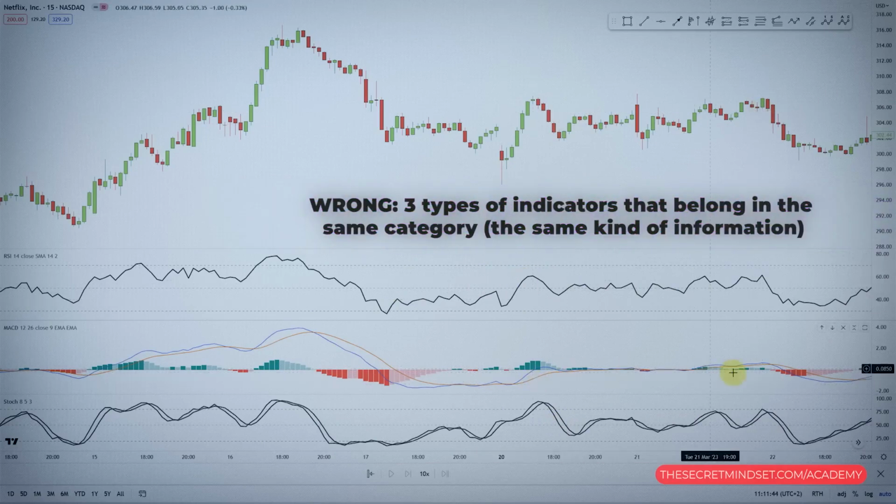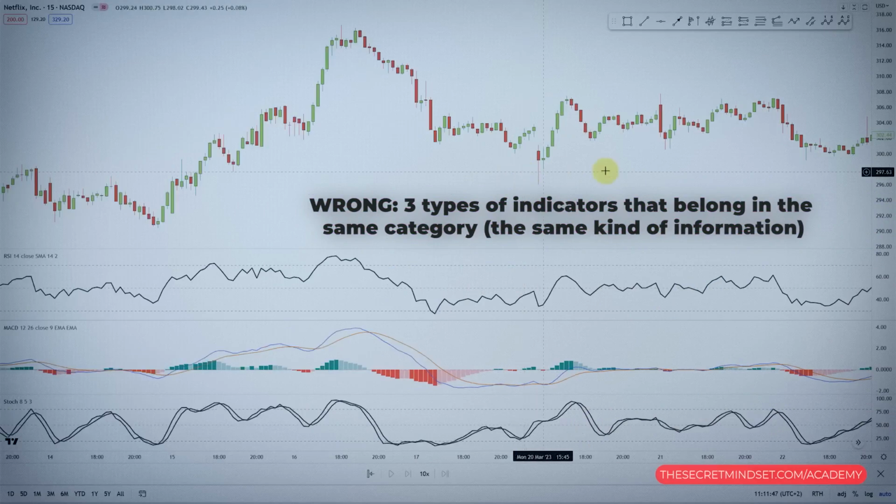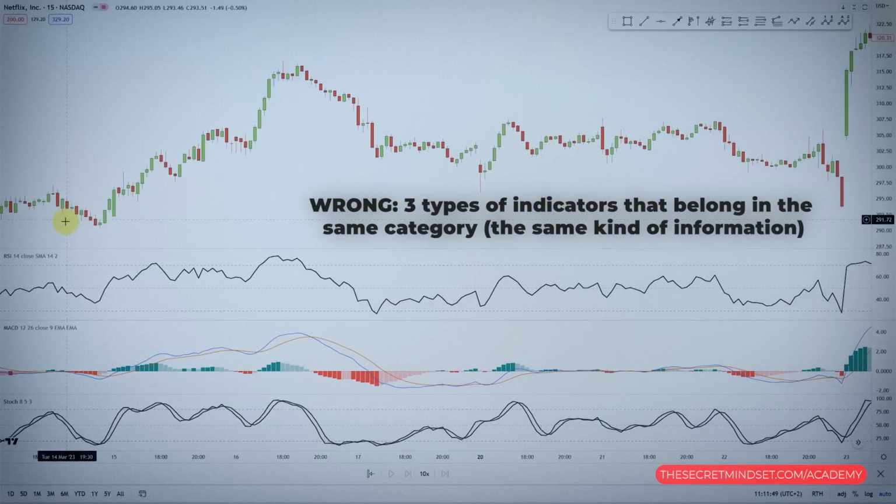So if you trade with a multi-indicator strategy that uses the RSI, the MACD, and the stochastic, you are basically using three types of indicators that belong in the same class. These are all momentum indicators that are going to display the same kind of information in one way or the other.